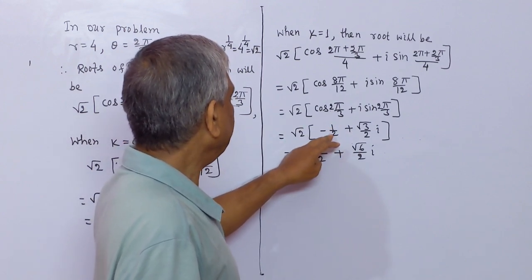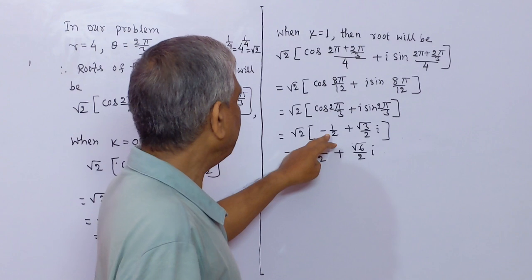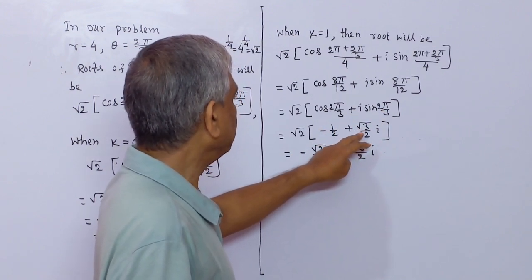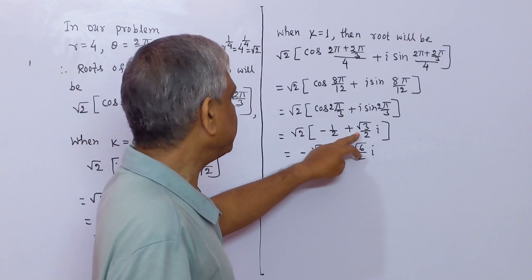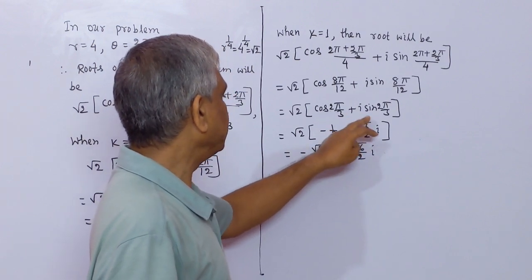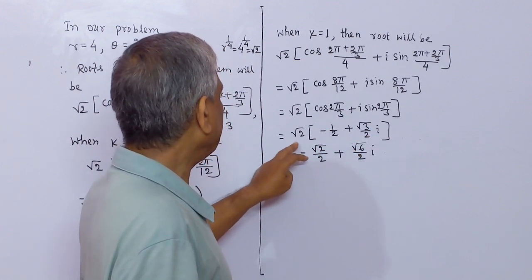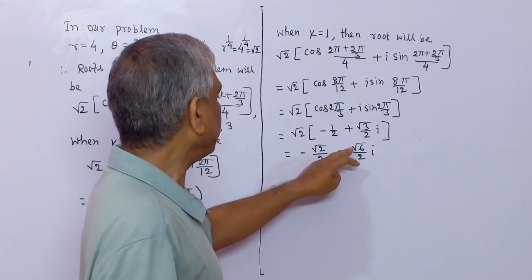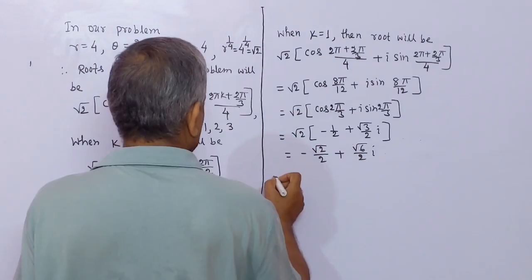Cos 120 means minus half, and sin 120 is square root 3 by 2. Sin is positive here in second quadrant, and this is I. So this is equal to minus square root 2 by 2 plus square root 6 by 2 I.